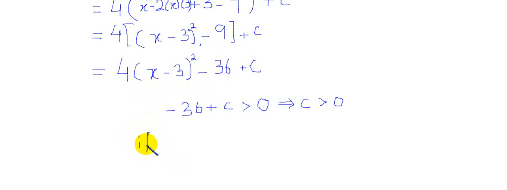It says if and only if, in logical expressions we usually use this symbol, which means if and only if c is greater than 0. If c is greater than 0, then it is correct. Oops, again, my bad. Not 0. What am I doing?